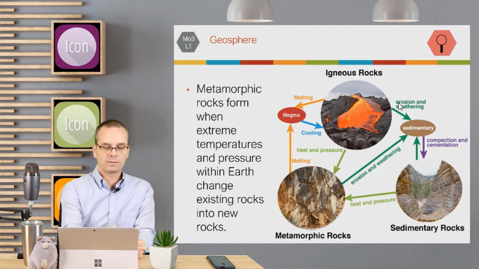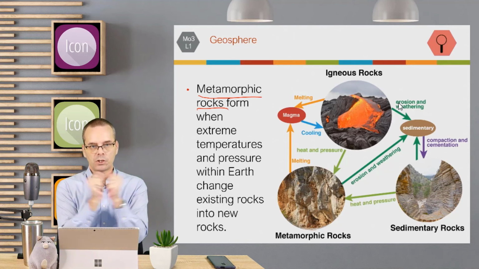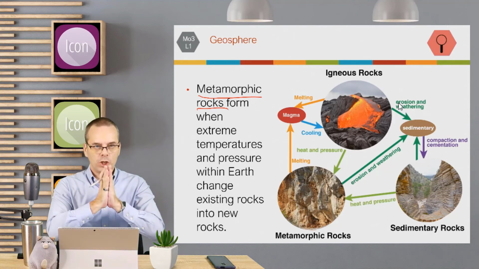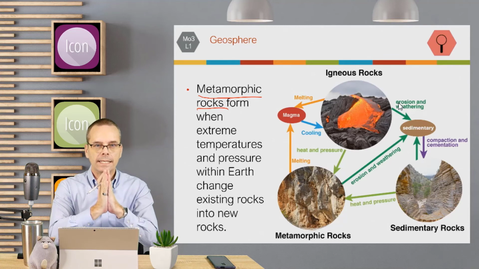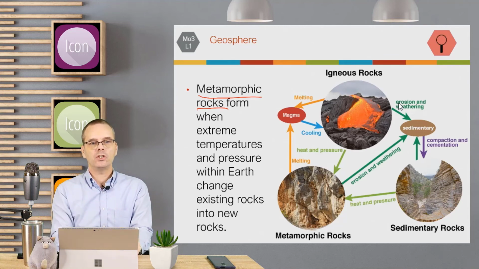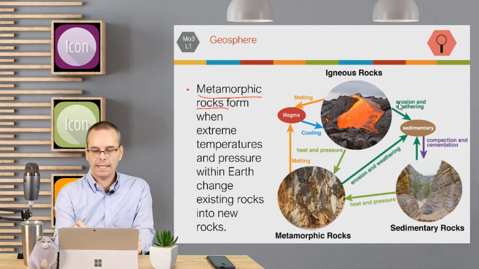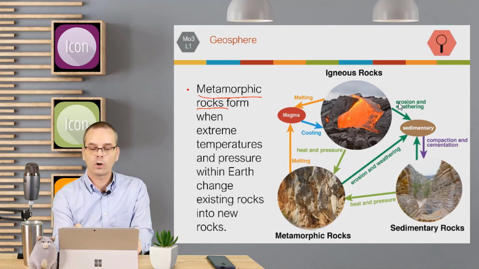Metamorphic rocks are formed from extreme temperatures or pressures pushing on those rocks, squeezing them together, and that makes new rocks. All right? So, again, igneous rocks form when something cools and hardens.